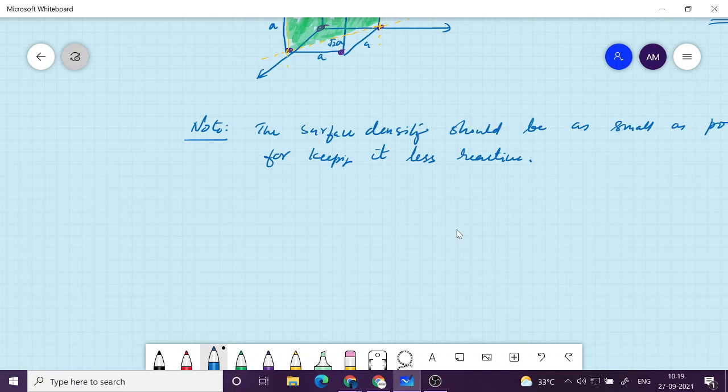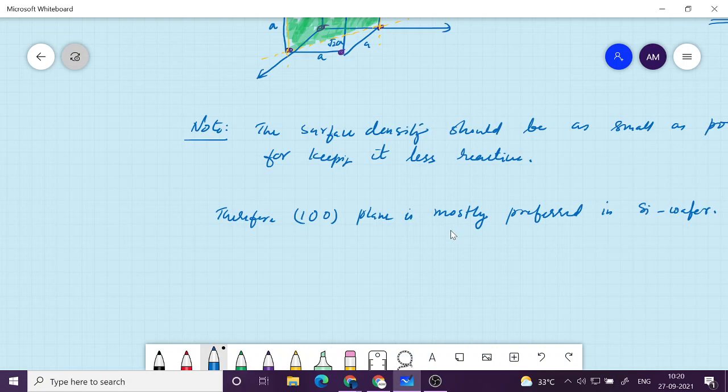Therefore the 100 plane is mostly preferred in silicon wafers. When I say 100, the plane of the wafer is the 100 plane.